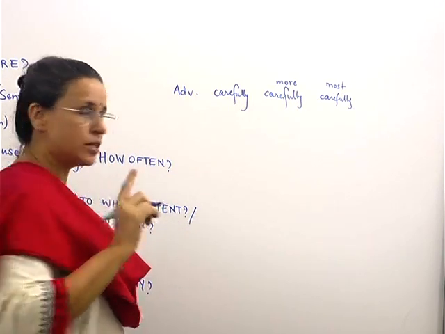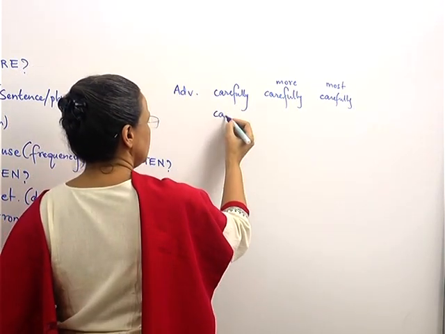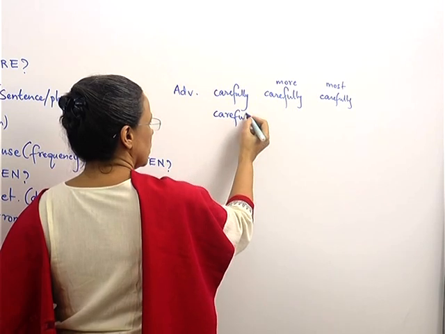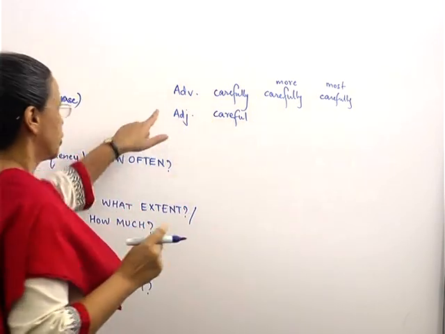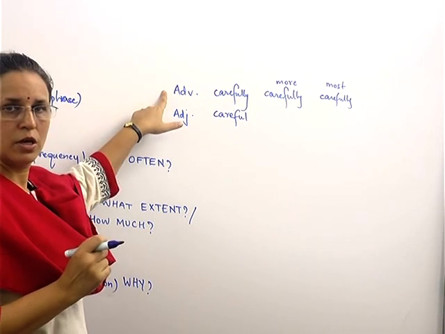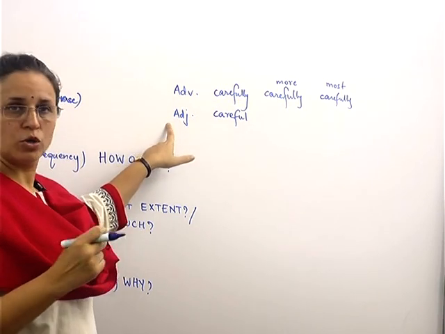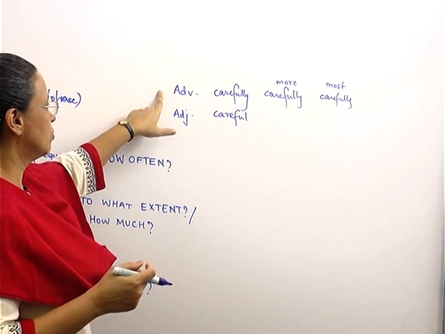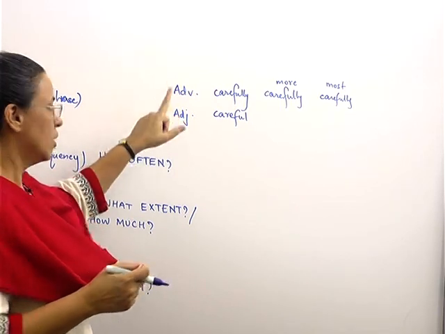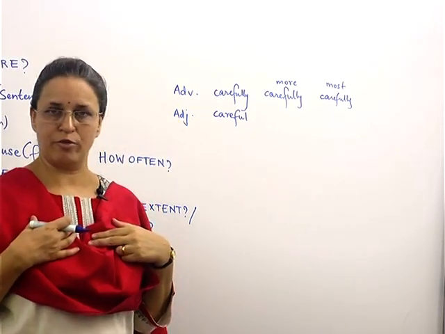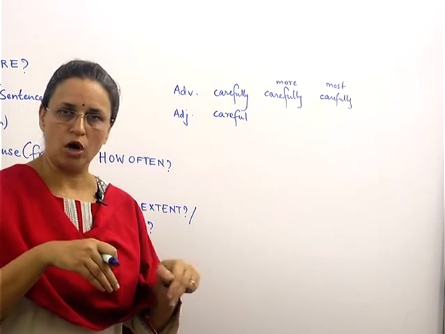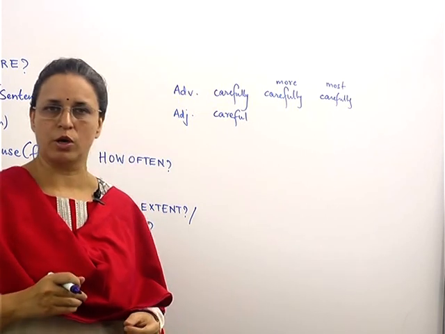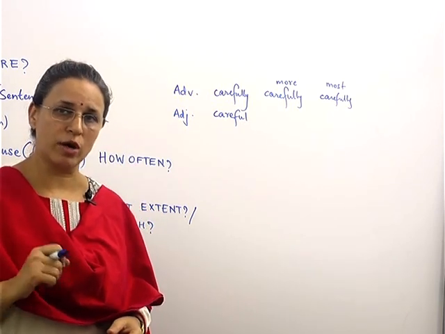But if we write careful, then this is an adjective. This tells you more about the noun. This tells you more about the verb. So, if I say I am careful, it is telling you how I am. But I walk carefully so that I don't fall down. Then it is telling you about how I walk.